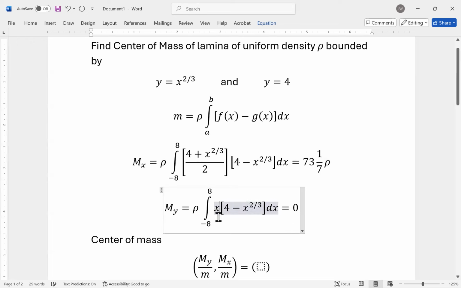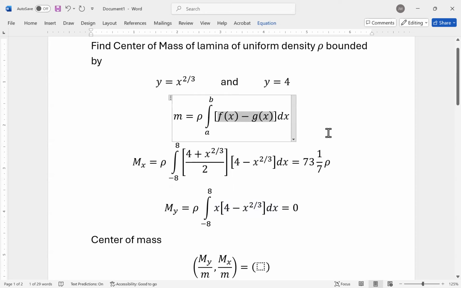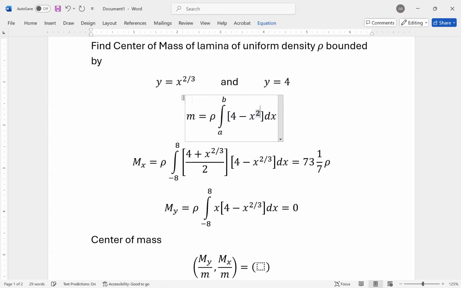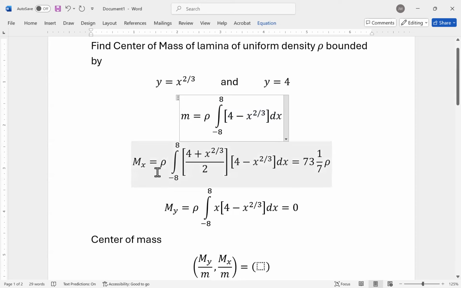Then all I have to do is go back and eliminate x. Four minus x to the 2/3 power, integrating from -8 to +8. By the way, these integrations, the mass integration and the moment about the x-axis, on the calculator take a while because, again, we're talking about stuff that's close to 0 raised to the 2/3 power.